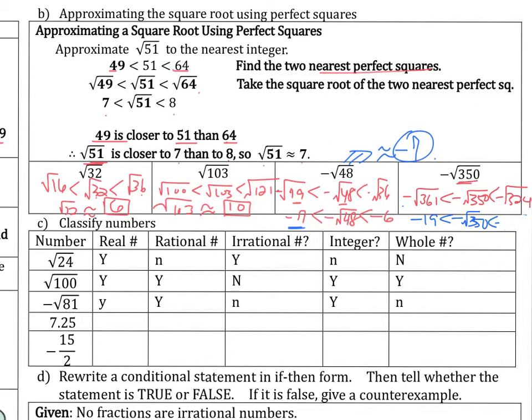The square root of 324 is 18. And as you can see, 324 is further away from 350 than 361. So we can approximate negative square root of 350 to about negative 19.